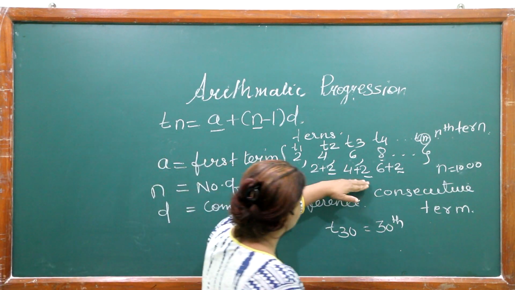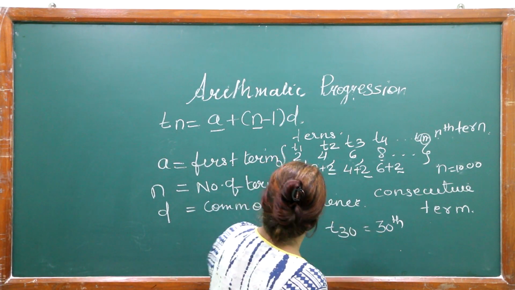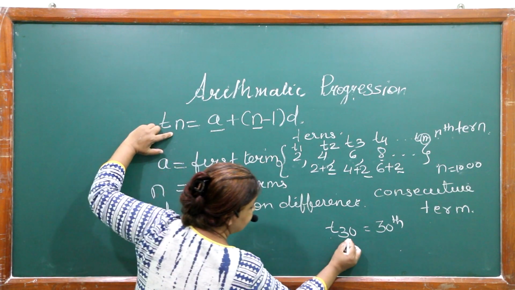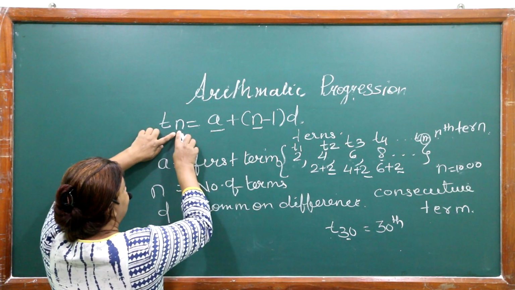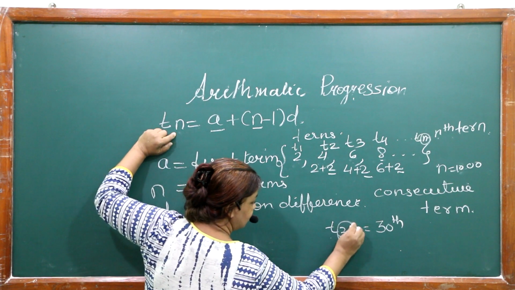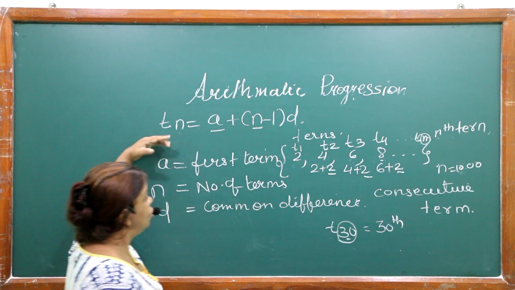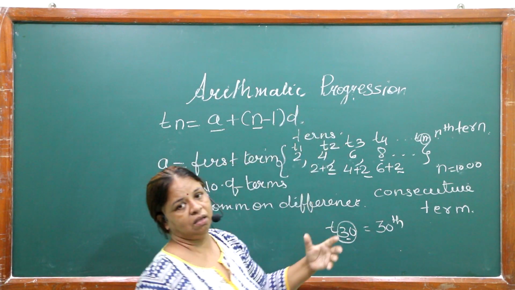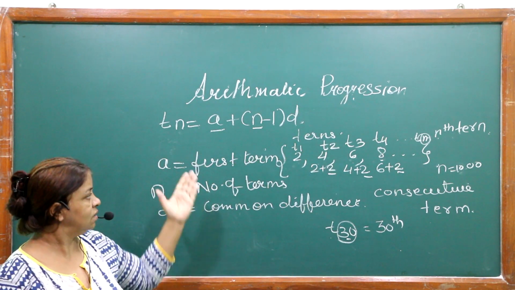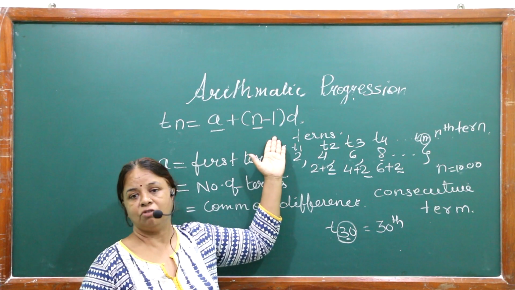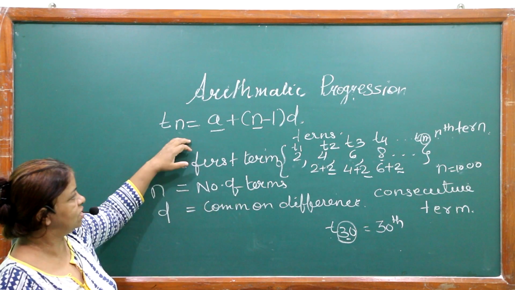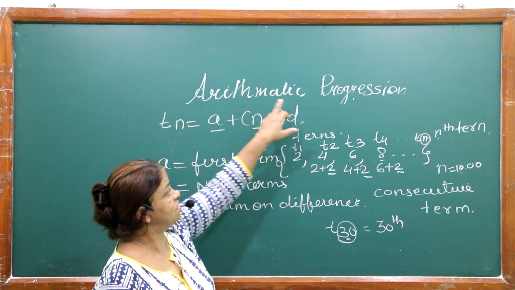For example, in this, I want to get the 30th term. So T30. In place of n, 30 is written. Yes? So by using this formula, I'll be giving you some sums, and you will have to use this formula extensively in this chapter.